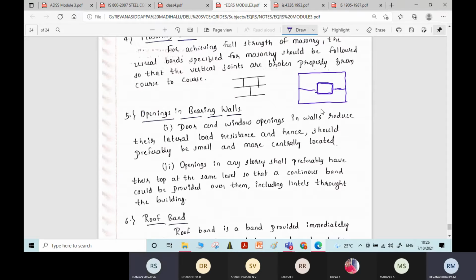Lintel beam we can provide at a single level continuously. In almost all constructions nowadays, the top of the opening will be at the same level only, so that a continuous lintel beam can be provided all around the periphery of the building. That is also one of the guidelines with respect to the openings.